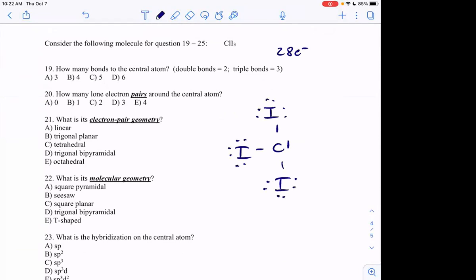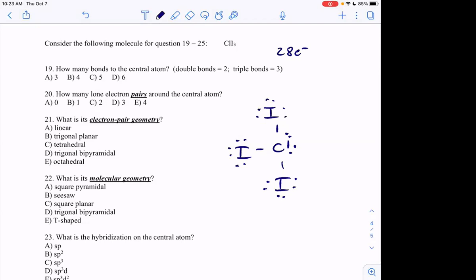What do I do with the other 2 pairs? Stick them on the chlorine, right? Chlorine's down low enough in the periodic table. It's in period 3. So we can take on the expanded octet, because this is an expanded octet, because it has what? 2, 4, 6, 8, 10 electrons in its valence shell now.